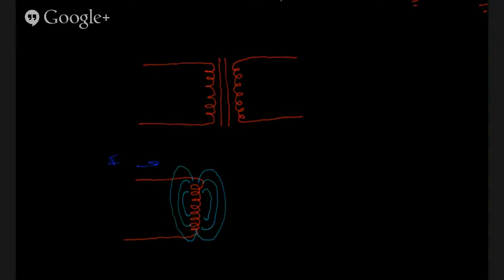And since we can go from an electric field to a magnetic field just by making a coil of wire, we can magnetically couple this inductor. This is called an inductor, basically. We measure inductance in henries.